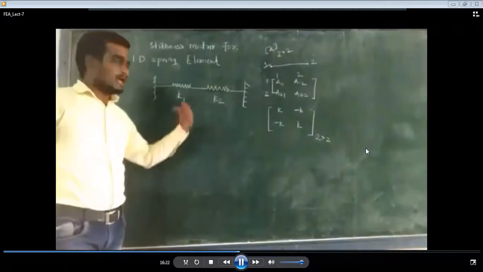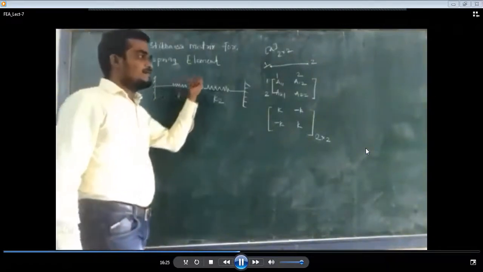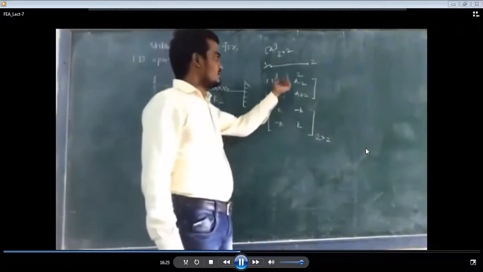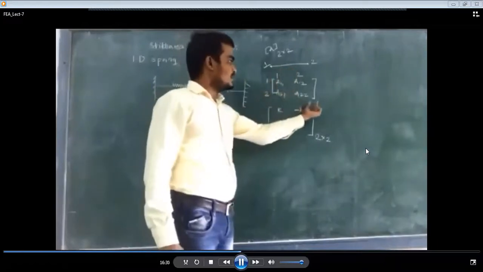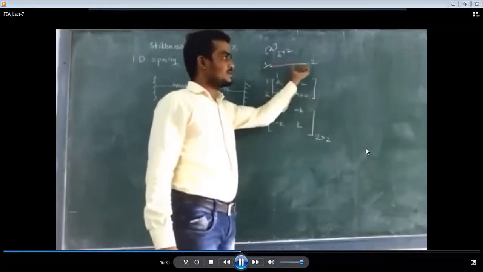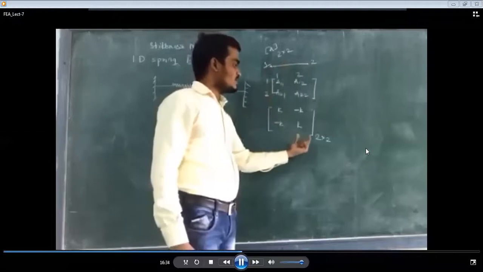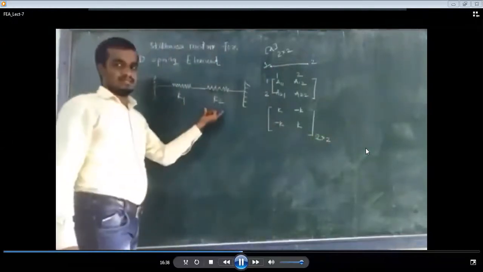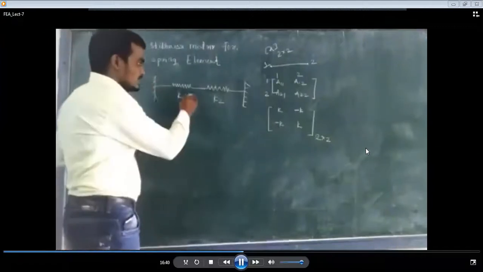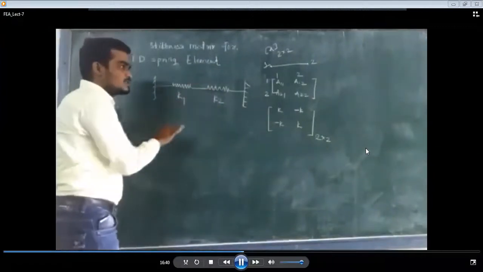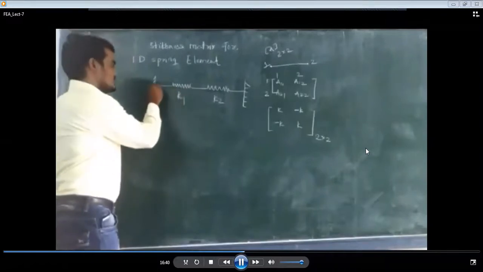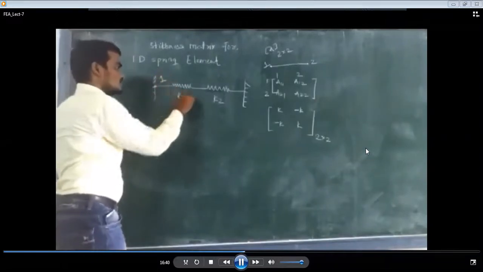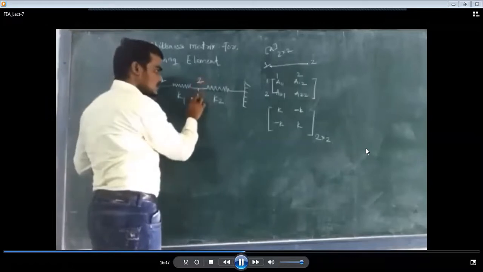So the number of nodes is equal to the number of elements plus 1, so n is equal to the number of elements plus 1. As there are two elements, the number of nodes will become 2 plus 1, meaning 3. So the order of your global stiffness matrix will become 3 by 3.